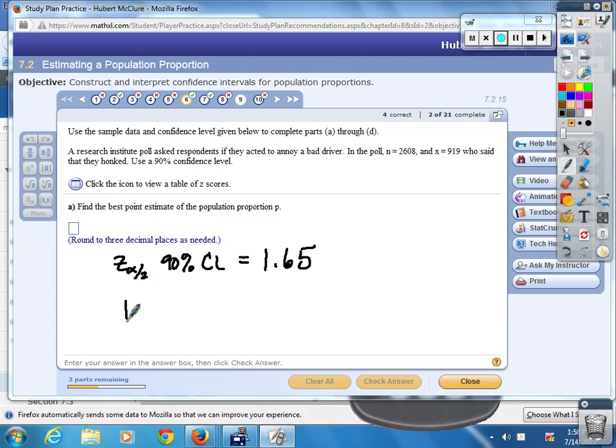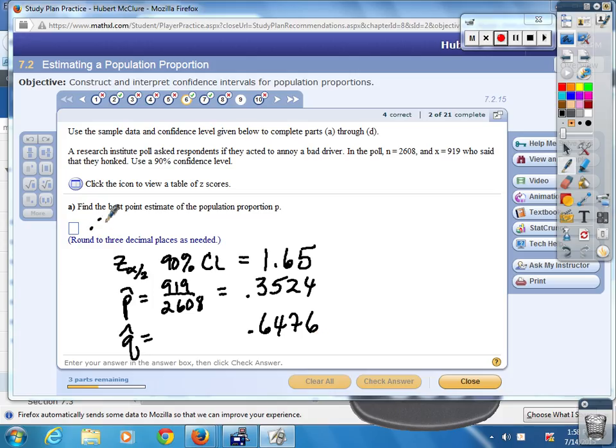And then P hat is equal to 919 over 2608, which is equal to 0.3524. So therefore, Q hat is equal to 0.6476, right? And of course, they want to know the point estimate, and what your interval is going to be.